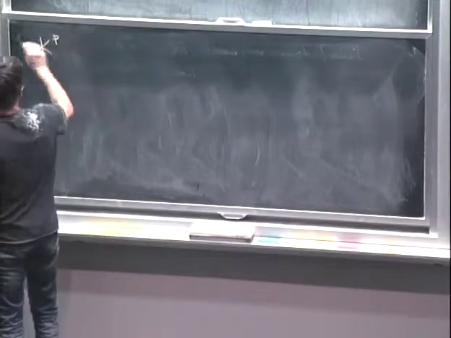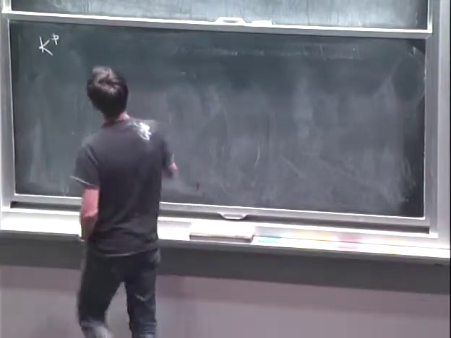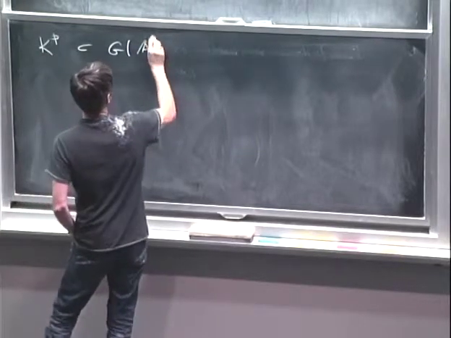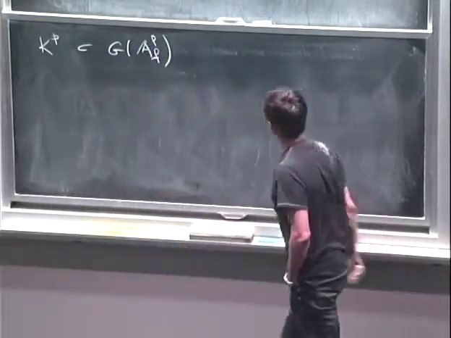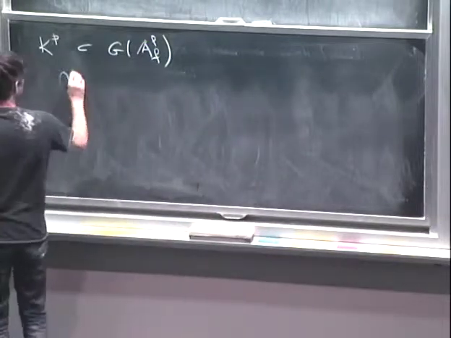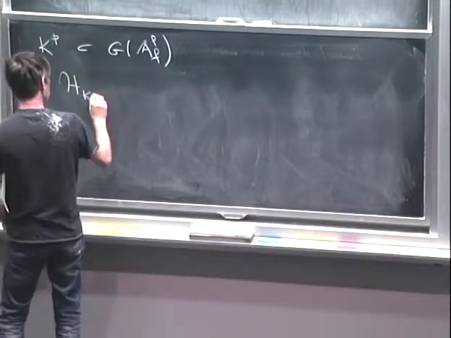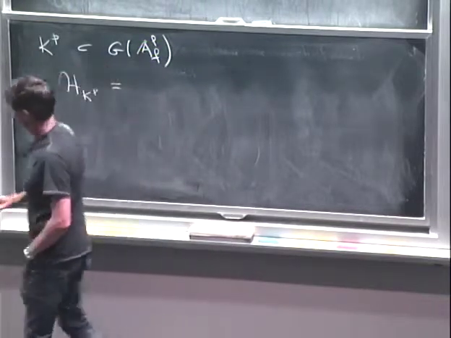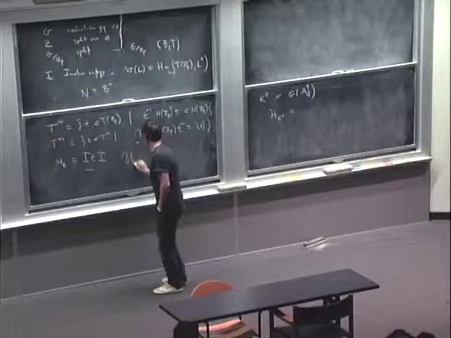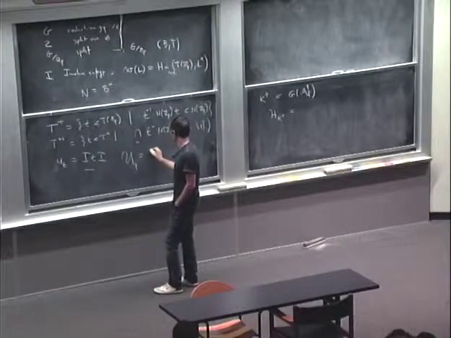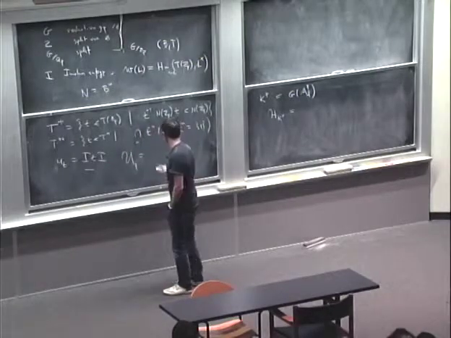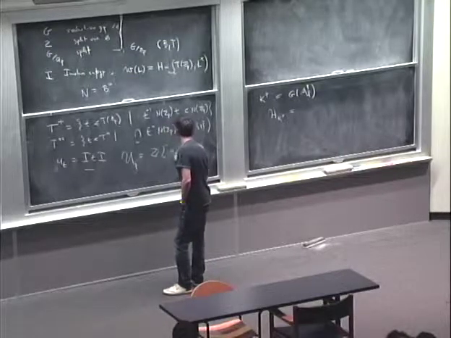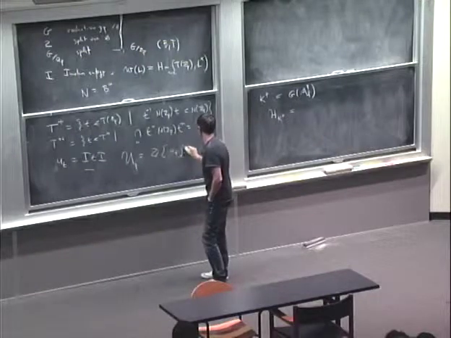So I'm going to fix K_p, an open compact subgroup of the finite adeles away from p. I'm going to denote curly H_p the Hecke algebra generated by those U_t.